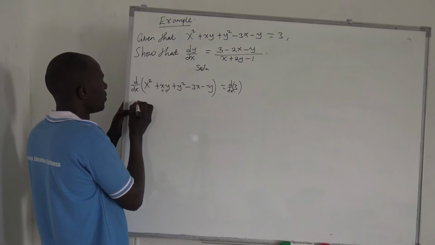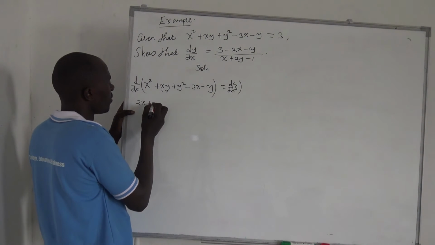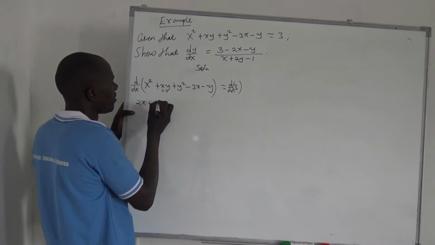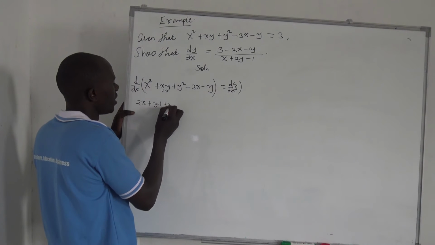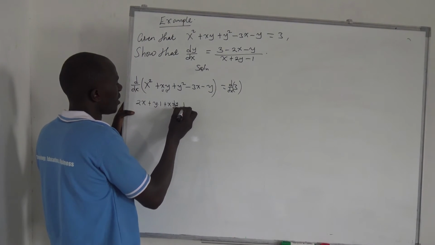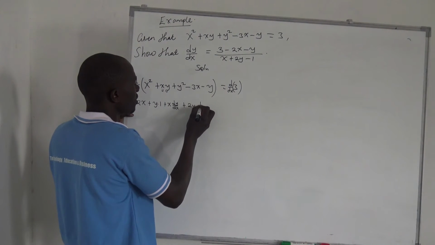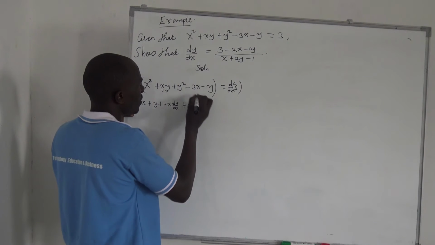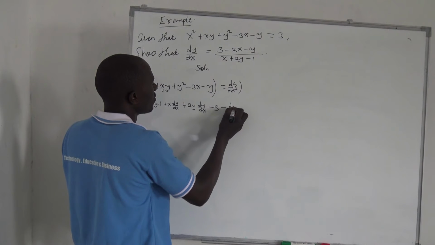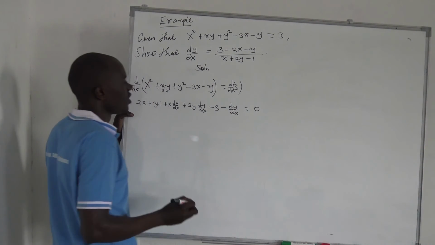Differentiating x squared we get 2x, plus, v is y, differentiate x to get 1, plus u which is x, differentiate y to get dy/dx, plus differentiating y squared we get 2y dy/dx. Differentiating 3x gives 3, differentiating y gives dy/dx, and the whole thing equals 0, since differentiating 3 gives 0.